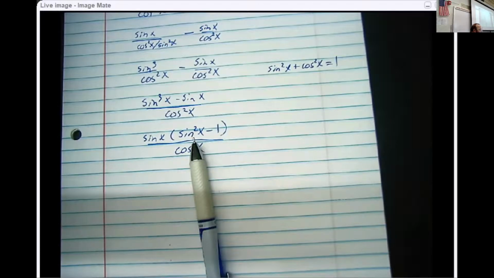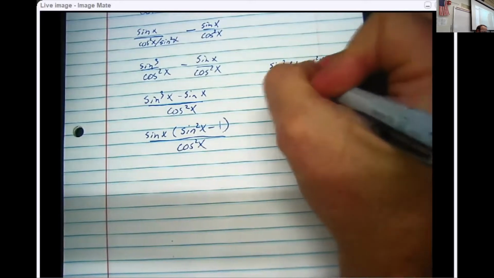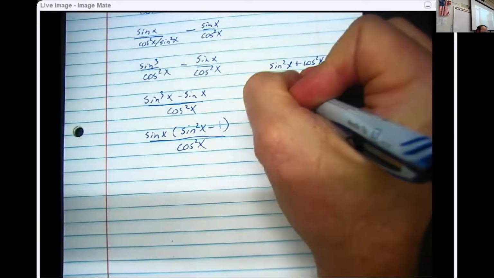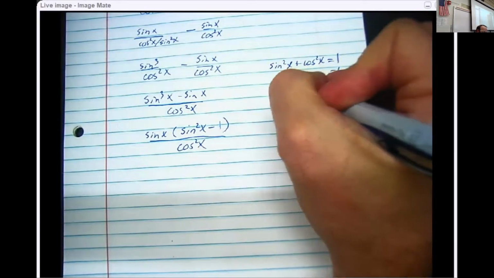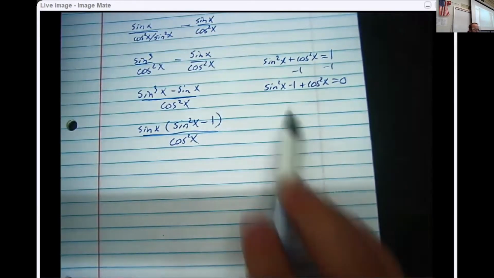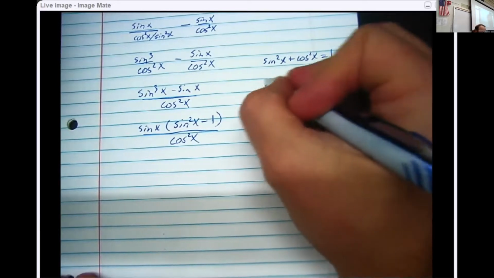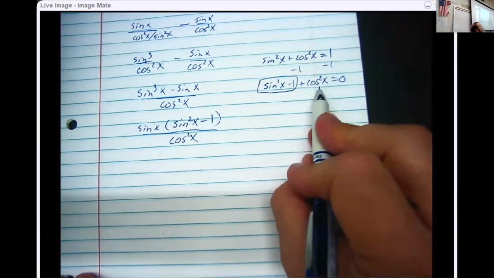Almost. Very close. What is sine squared minus 1? If I wanted to get this by itself, what do I have to do to that?